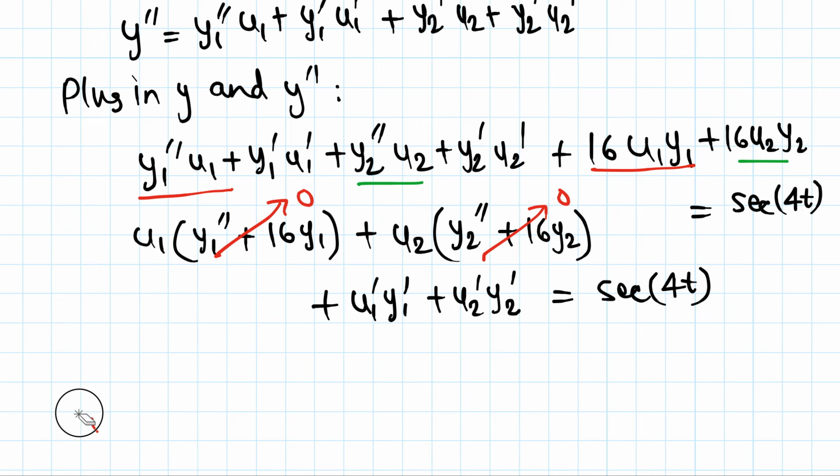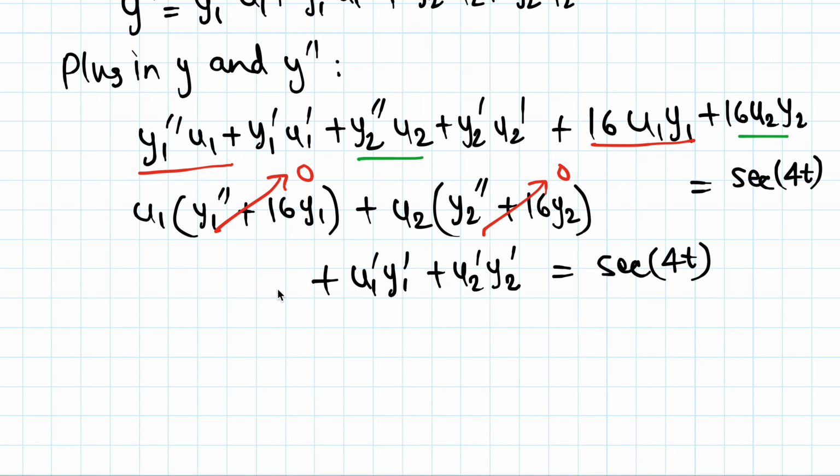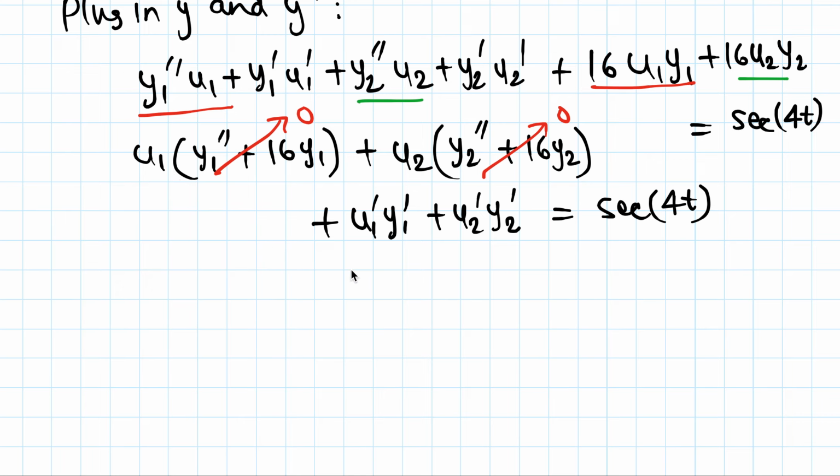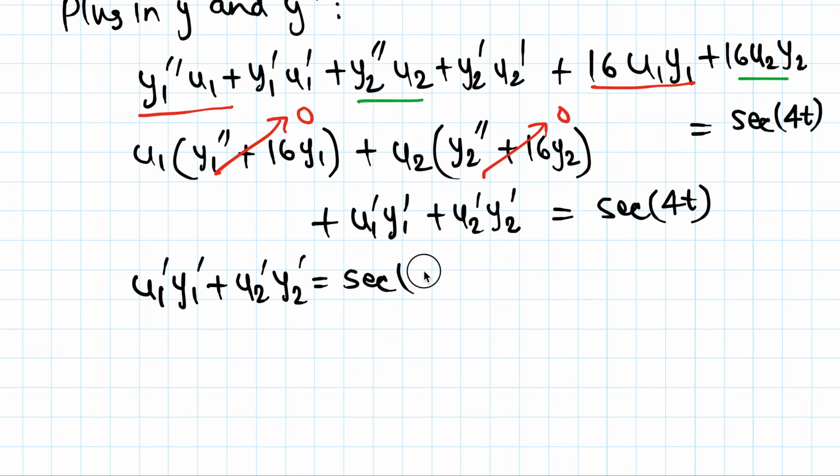Okay, so let me erase this. Now when we plug in, this equation becomes u1 prime y1 prime plus u2 prime y2 prime equals the right hand side, which is secant 4t. Now this is the second equation. Whenever you plug in these things, this will always be the case.